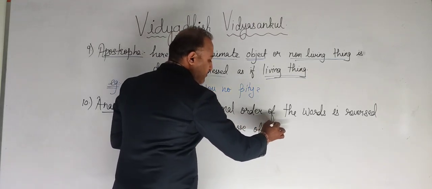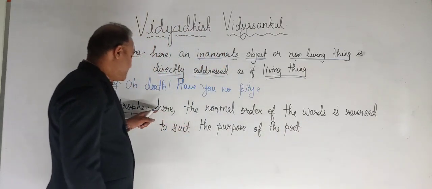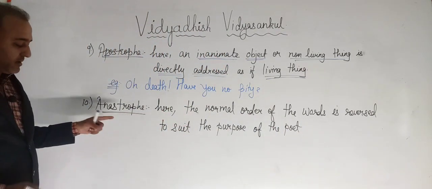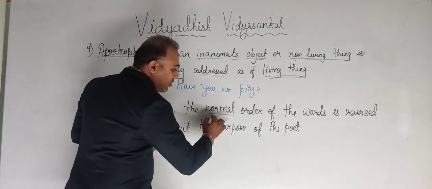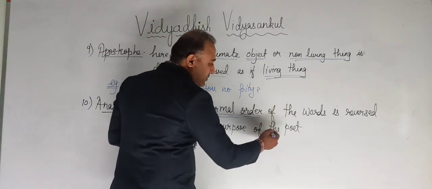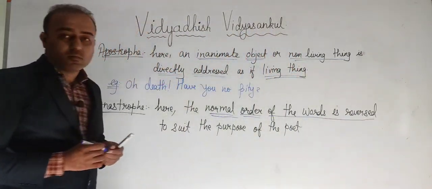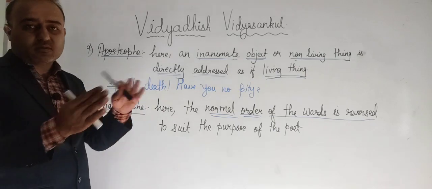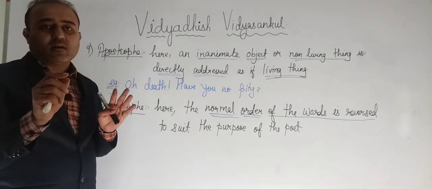So this is known as Anastrophe. Anastrophe simply means the normal order of the words is reversed. That means usually when we read a normal sentence, we can understand when it is reversed.